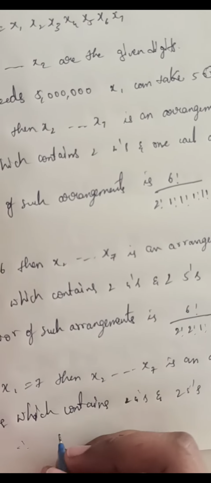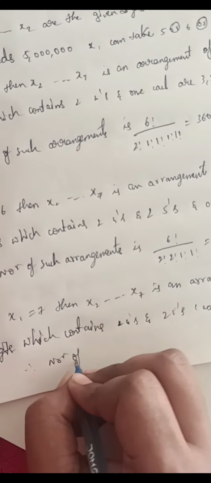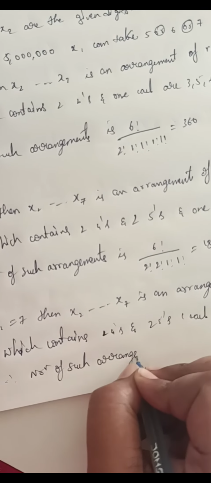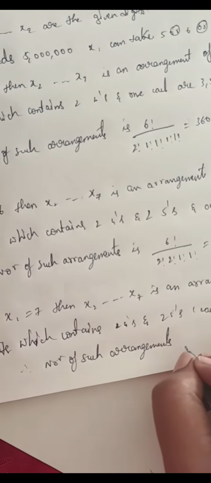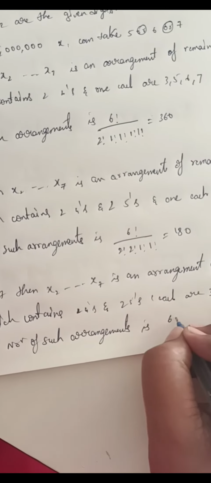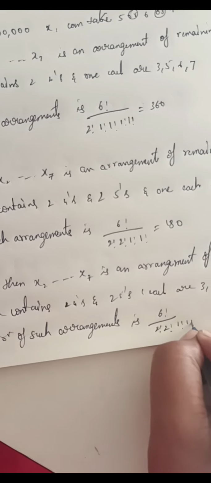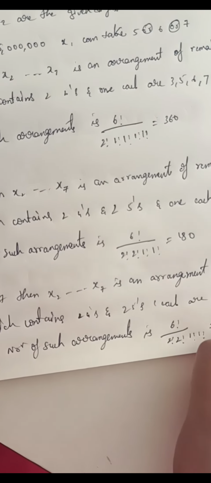Therefore, the number of such arrangements is 6 factorial divided by 2 factorial into 2 factorial into 1 factorial into 1 factorial, which equals 180.